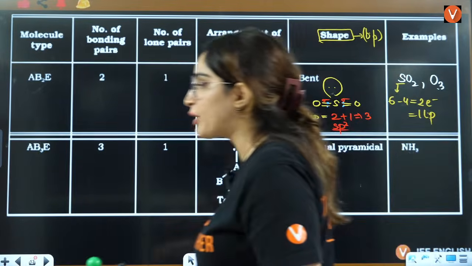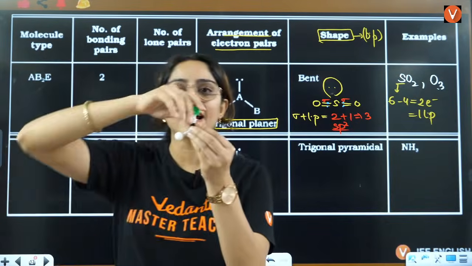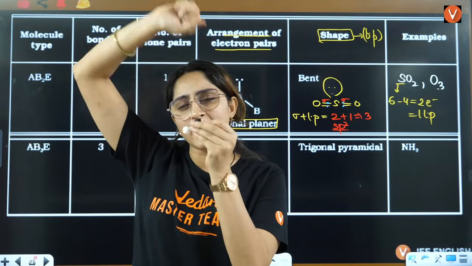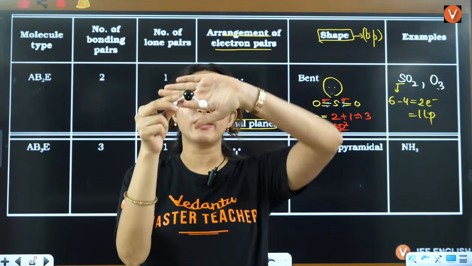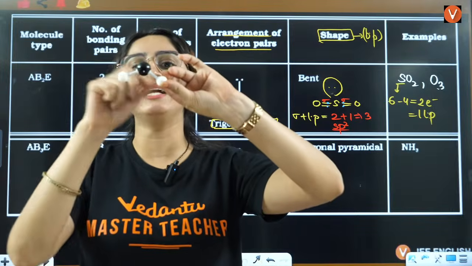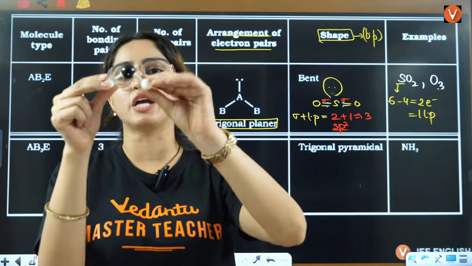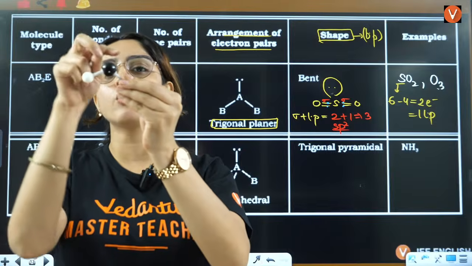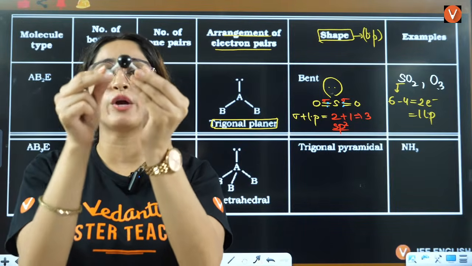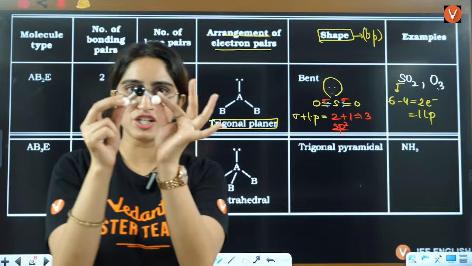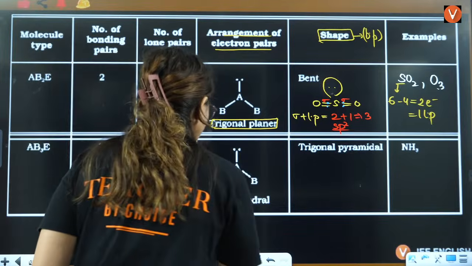Now I have to ignore the lone pair, I have to imagine like it is not there. Now can you see this is a bent V shape, it's like a V shape. Why bent V? Because this lone pair is going to cause some repulsion, so that's why we write bent V shape.